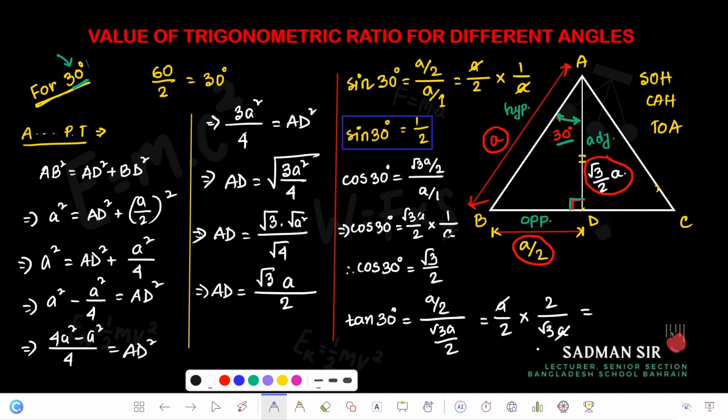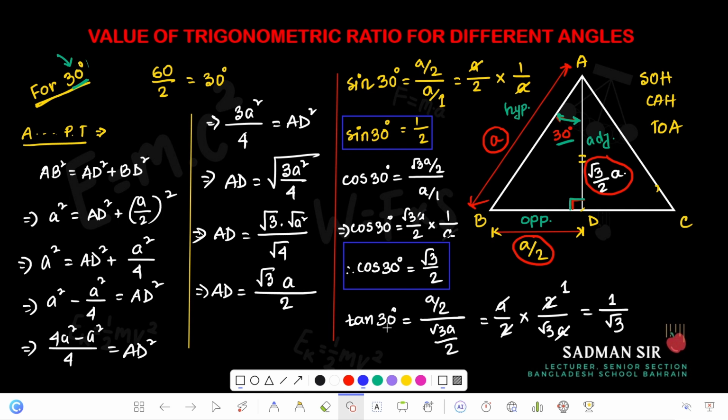So a and a will cancel each other, 2 and 2 will cancel each other, so 1 will be left. If there is nothing in the numerator because all of them are getting cancelled, then remember that there is 1. So 1 divided by root 3. That is the value of tan 30. Now if I want to find out the value of the other trigonometric ratios, we can easily do that. We just have to make the reciprocal of it. So let me box out whatever values we found till now.